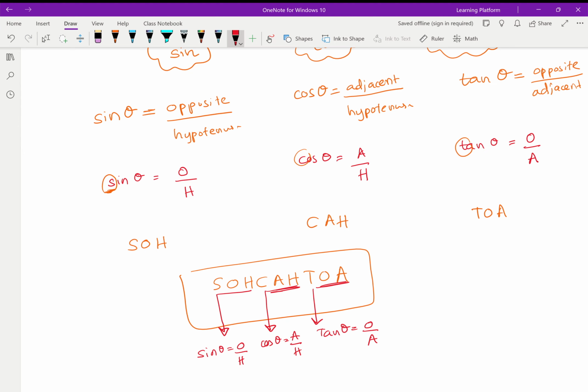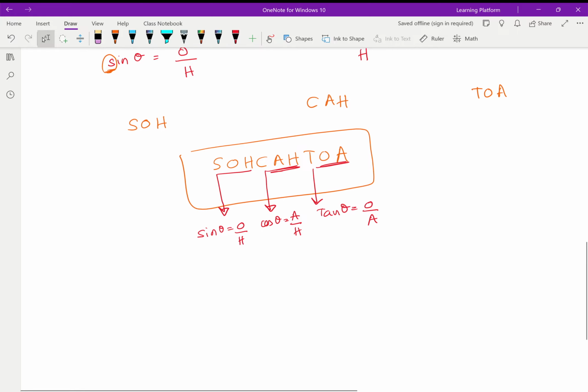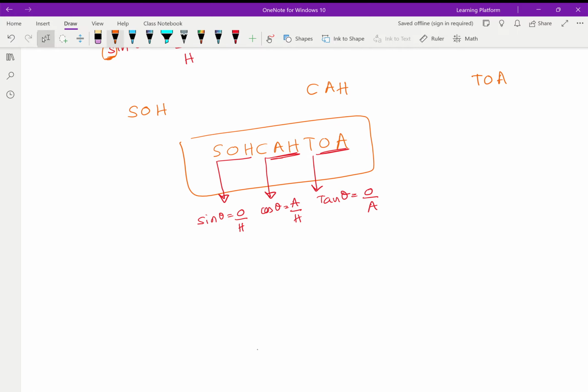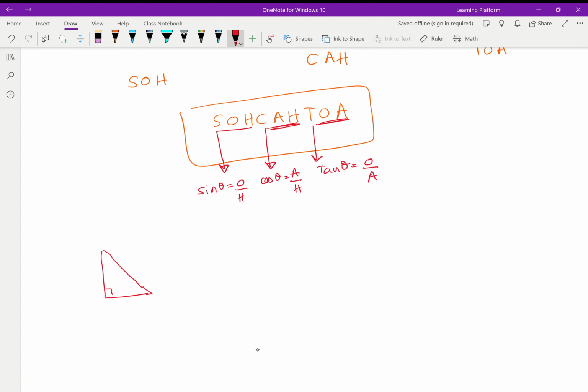Okay. Now we'll move on to some questions. Okay. So I have this triangle given. This is the right angle here. This is the angle theta given. This is 4 centimeters.